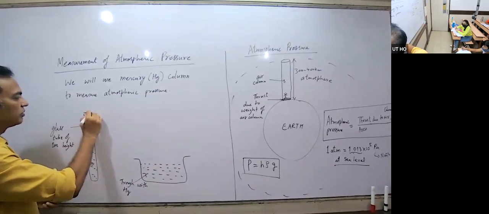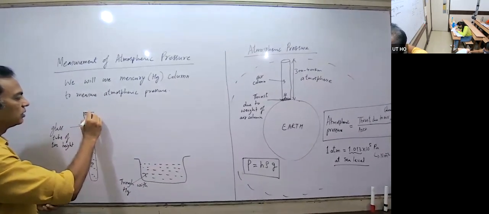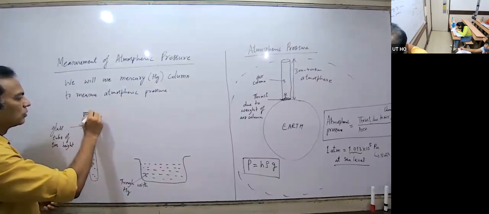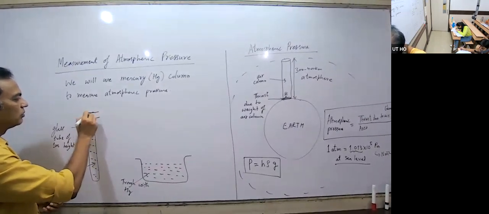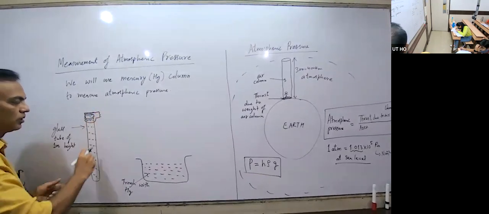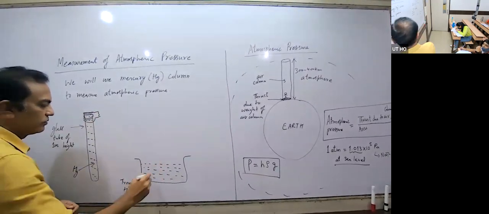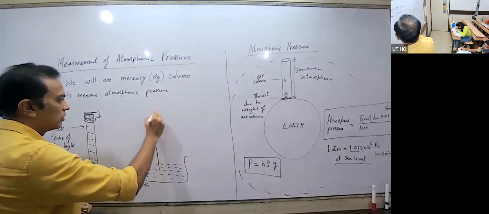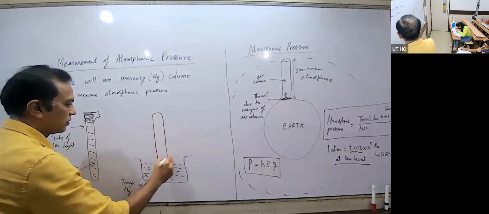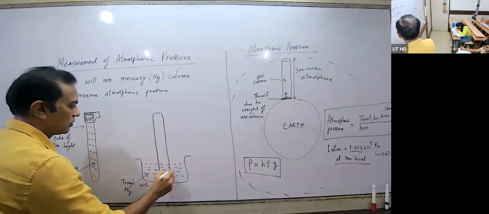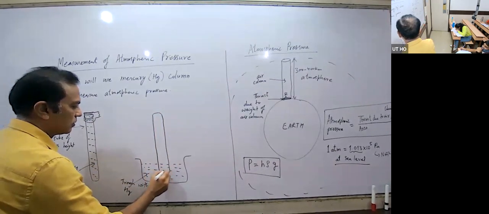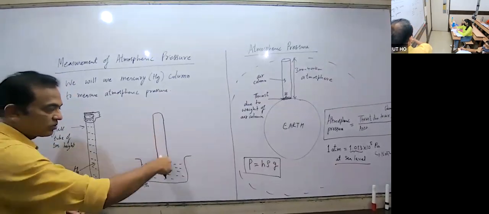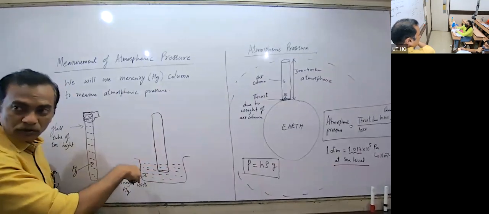We place our thumb here, so it is closed with our thumb. And now we will invert it into this trough, something like this.